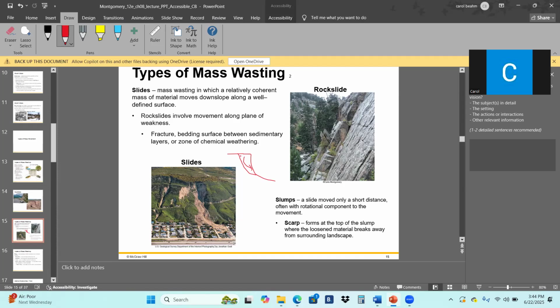So really this comes up and this comes down so that it slumps. And then that comes up. You'll see these little toe bulges here and the scarp here, which help you identify that, if this is old, it was some kind of mass movement.